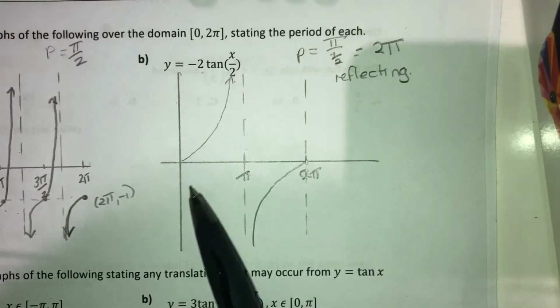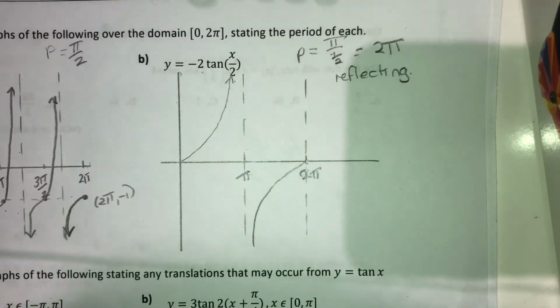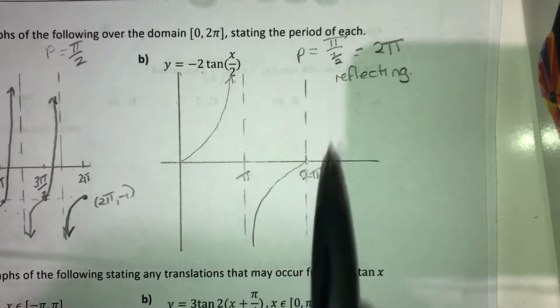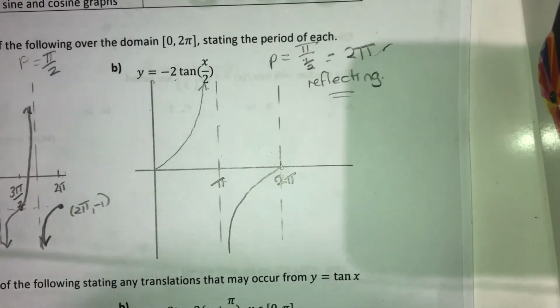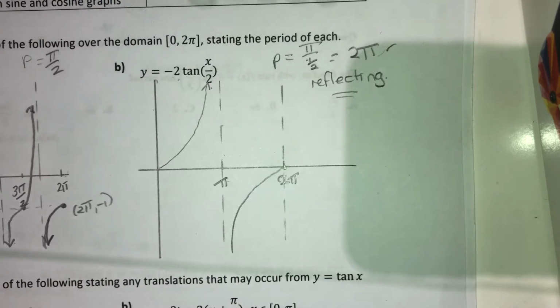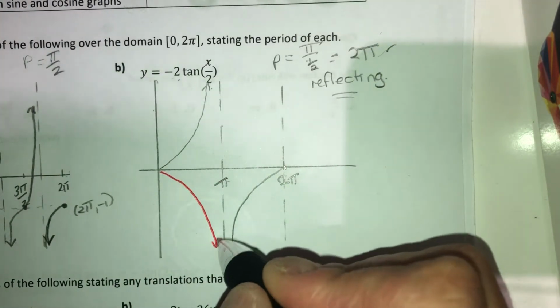So that's like one cycle stopping at 2 pi. Now, so we've taken care of this first bit, the other thing we have to do is reflect it. So our actual graph of this one, if we're going to reflect it, it's going to look like this.